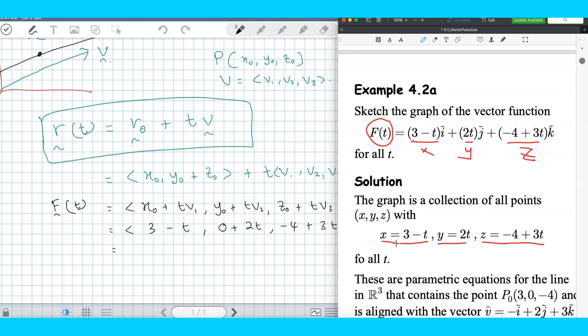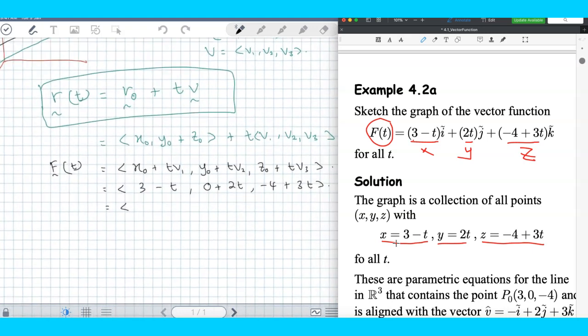So we have 3 plus t times minus 1. We compare this with the general form: 0 plus 2t and minus 4 plus 3t.